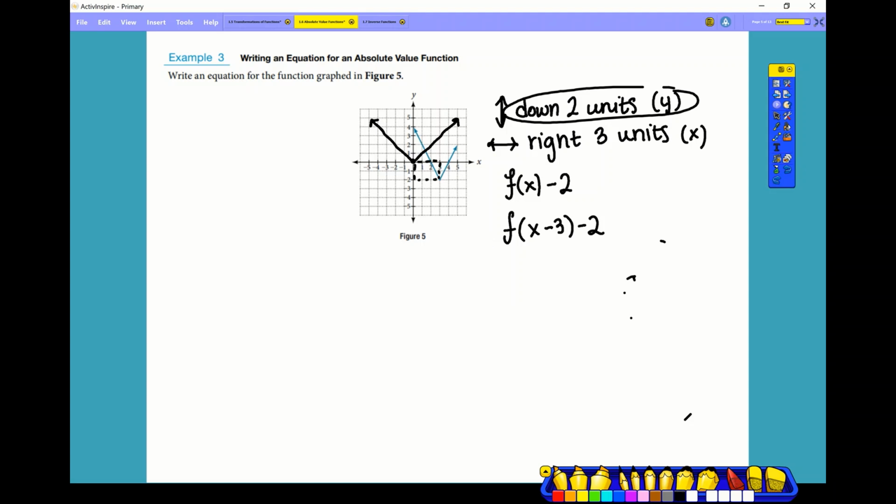Here, we'll leave that there. And then we know it's going to be in this form. So that gives me a times absolute value of x minus 3, minus 2.